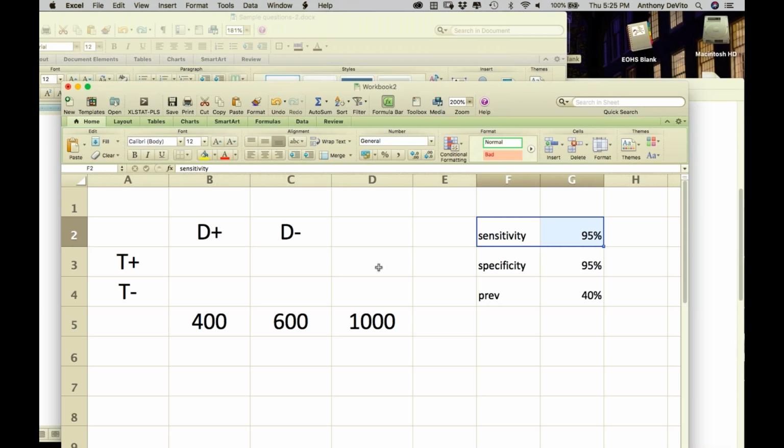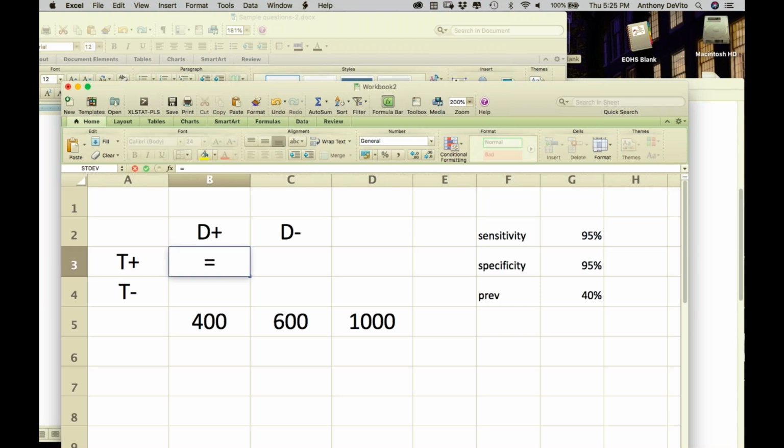So if 400 people have the disease in this population and we test them, how many are going to test positive? 380, 95% of them. I'm going to do it this way: this times 95%, 0.95. Okay, 380 people. That leaves how many people that it gets wrong? 20. What's the name for that?